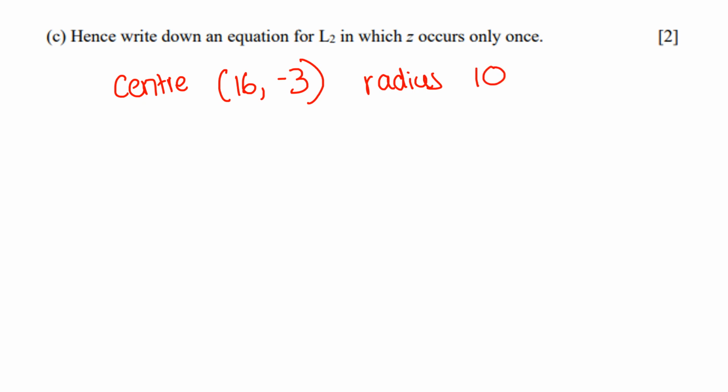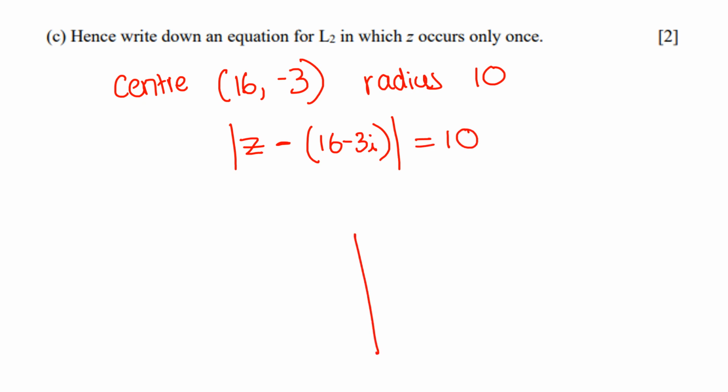So to write a complex number in a circle, if you remember that, Z, the difference between Z and this complex number, it's not really a complex number at the minute, but it's x and y. So that will be 16 minus 3i. The distance between that and that will always equal 10.